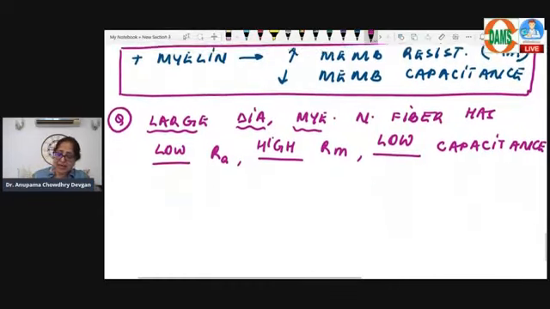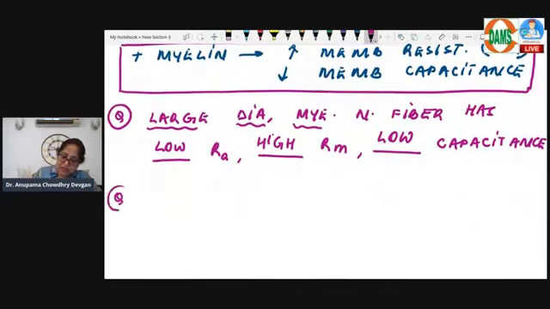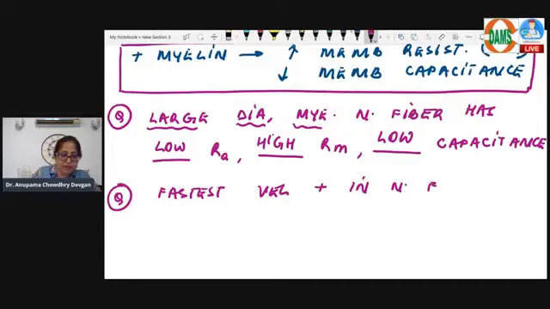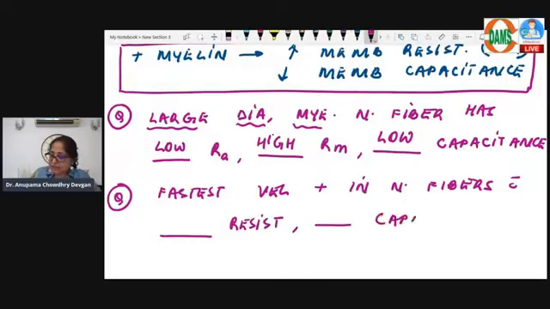There was another question which was asked: the fastest velocity is seen in nerve fibers with dash resistance, dash capacitance.